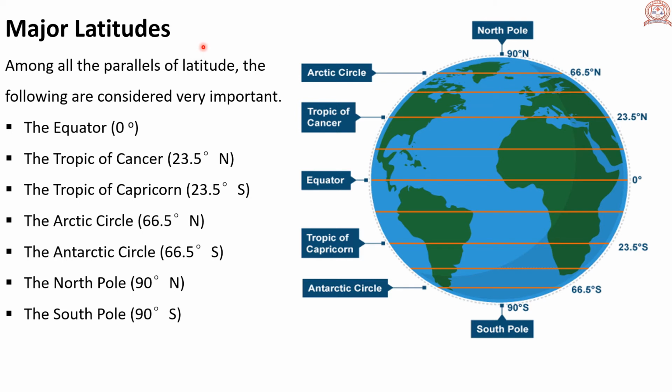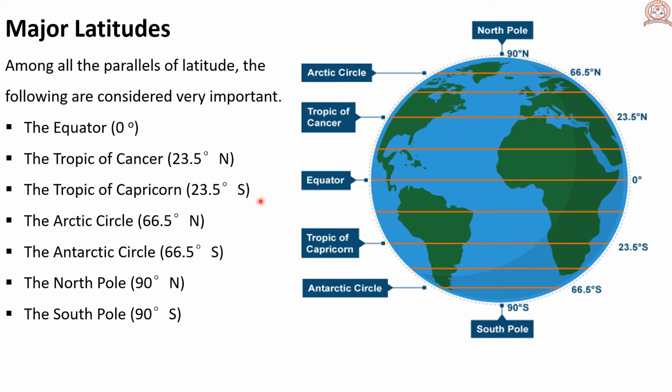Major latitudes. You know that there are 181 parallels of latitude in all. Among all the parallels of latitude, the following are considered very important. The equator, 0 degree. 0 degree latitude is known as the equator. The Tropic of Cancer, 23.5 degree N. 23.5 degree north latitude is known as the Tropic of Cancer.